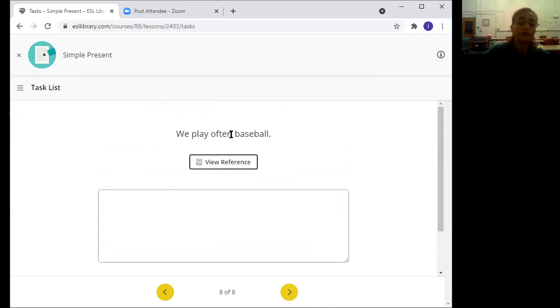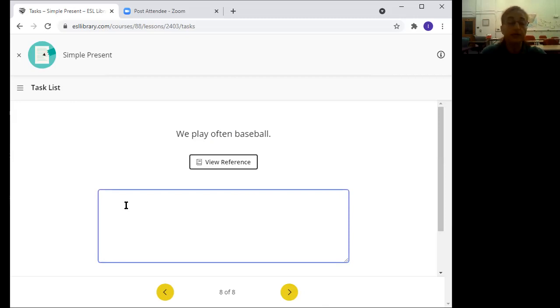Okay, so here we use a frequency adverb, often, but that frequency adverb has to appear before the main verb, not after the main verb. It's very important in English, the position of words in a sentence.